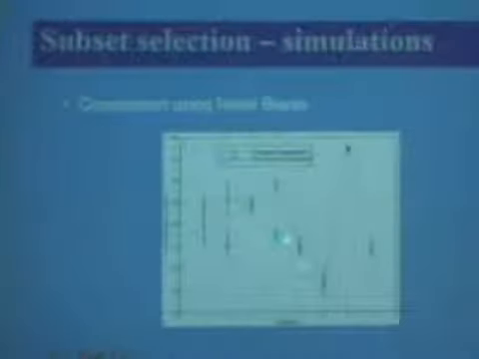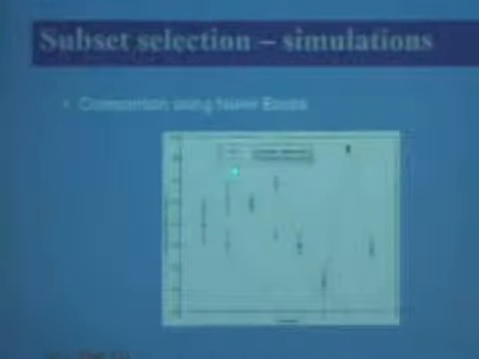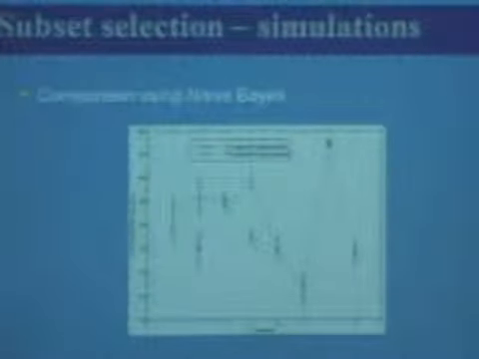So I am not sure if this is fully visible. The wrapper approach is somewhere here, and the proposed classifiability-based approach is somewhere here. These vertical bars are one standard deviation. So you do this many times, and this gives you a numeric look at the thing.